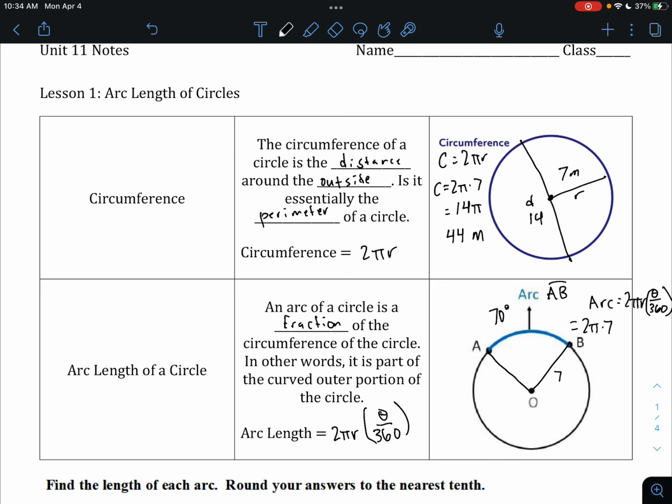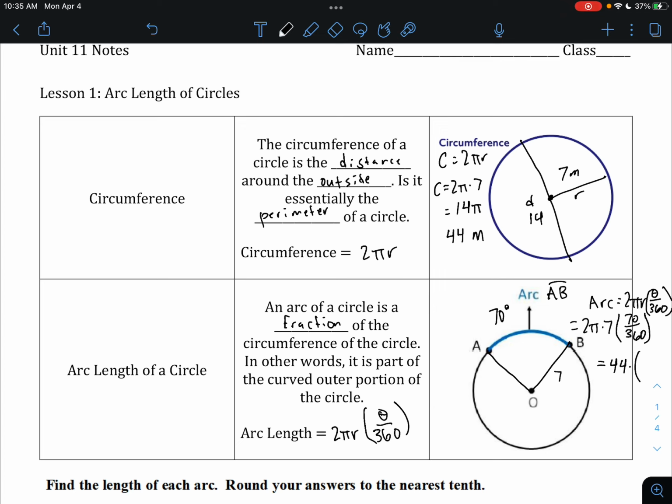So 2 pi times 7 times 70, which is our theta, over 360. And plug that into the calculator. And we know our circumference already. We already have that from our previous problem. So whatever our circumference is, times this proportion of the circumference.